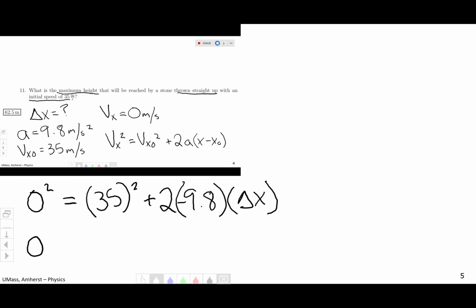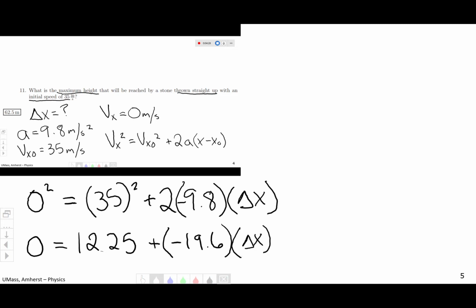So we get 0 equals 35 squared, which is 1225, plus a negative 9.8 times 2, negative 19.6 delta x. Subtract this over.